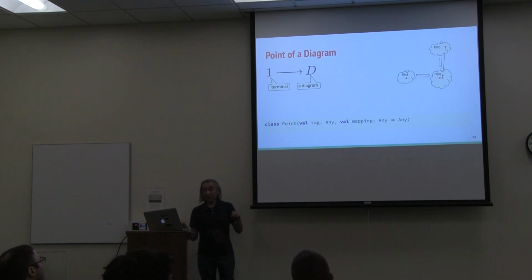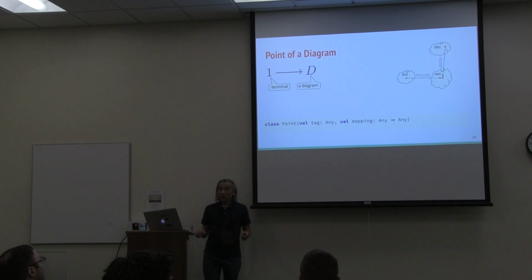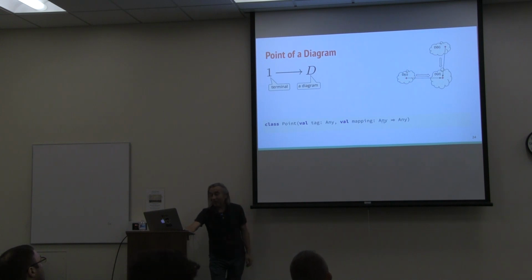If we have a category where all objects can be built out of points, the category is called well-pointed. But generally speaking, the category of diagrams is not well-pointed. Sets is well-pointed. So a point is defined in Scala code like this. We have a tag, give it a name, and a mapping. And a mapping is, for every object in the domain, we provide a transition. So where do we go?